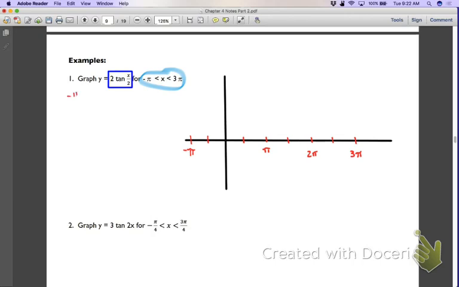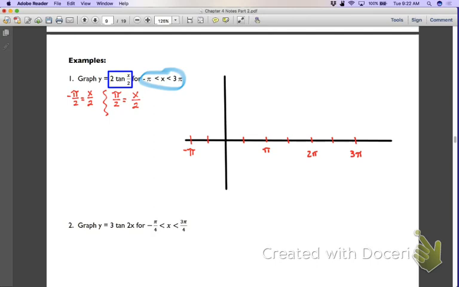I'm going to have negative pi over 2 equal to x over 2. And then I'm going to have pi over 2 equal to x over 2. What do the two red equations mean? What am I looking for with those two values? My asymptote.